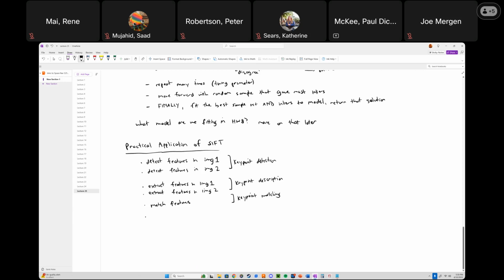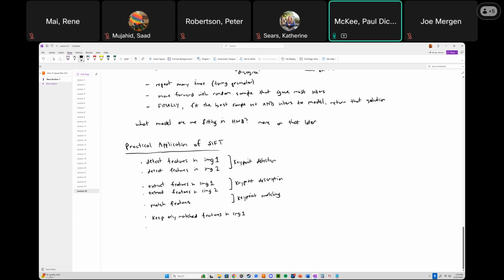Then we keep only matched features. Sorry, got ahead of myself. That is not where RANSAC happens. Keypoint matching happens here. Keep only matched features in image 1.